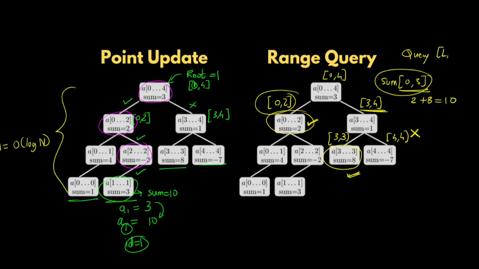Now as you can see, any query range L to R can be broken down into a logarithmic number of nodes in the segment tree. This is true because let's say you are given a very large range, let's say 1 to 1000, then there must be some node which goes from 1 to, let's say, the highest power of 2 which is less than or equal to 1000.